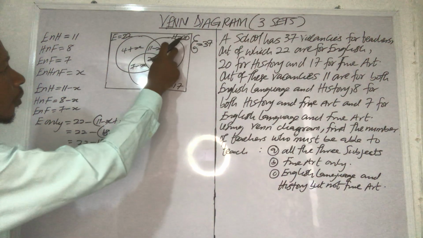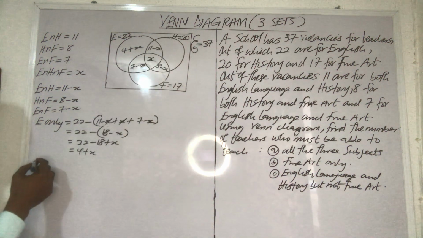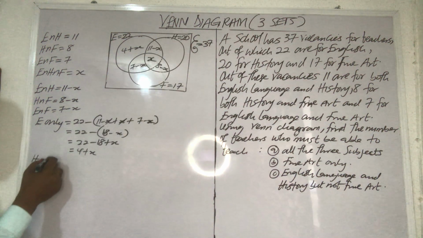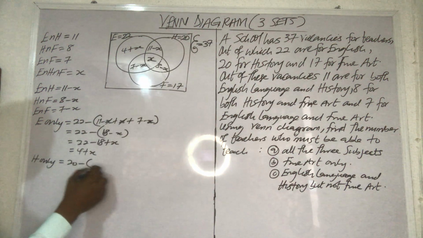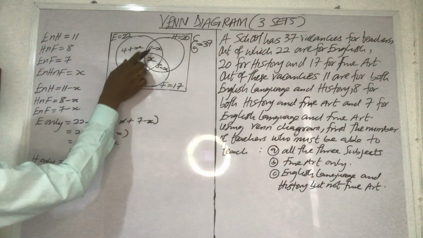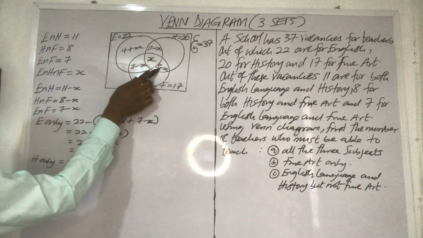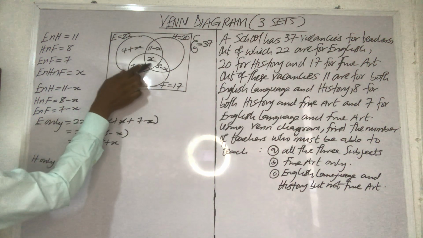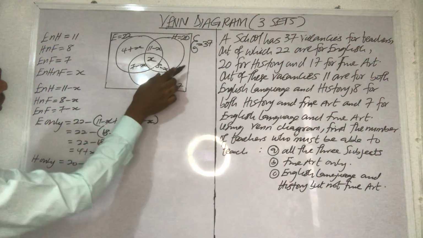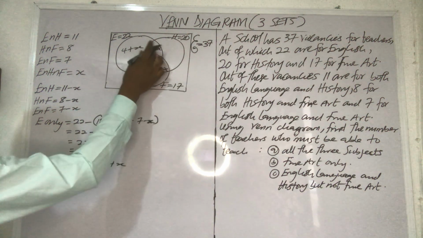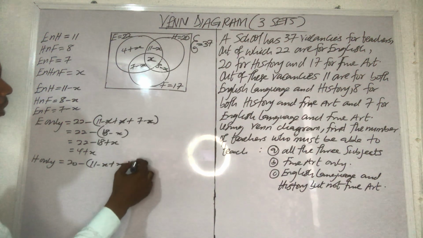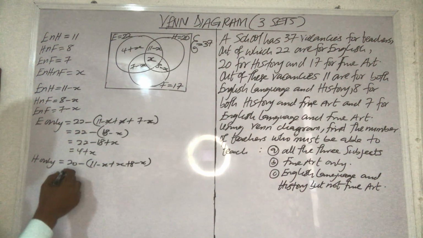Then I'll do the same thing for history and fine arts. For history only, history is 20. So I'll have 20 minus all the members in the circle of history, which are 11 minus x plus 8 minus x.